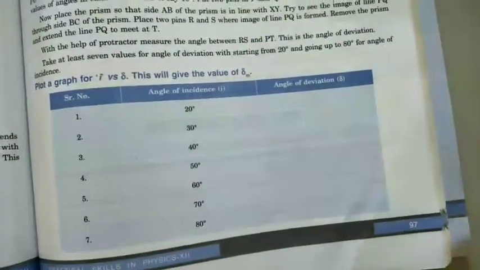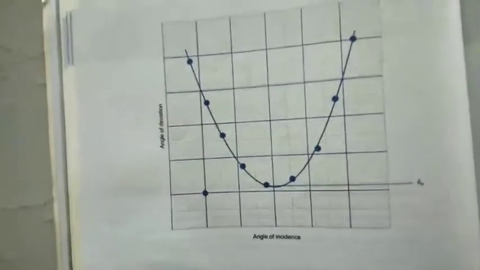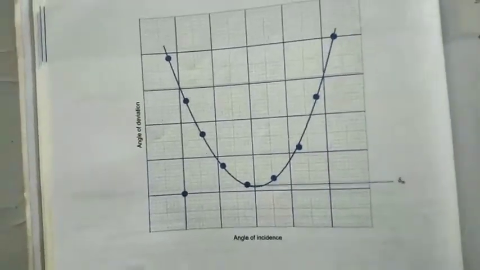When we find the angle of incidence and angle of deviation, then we will draw the graph. The graph will look like this.